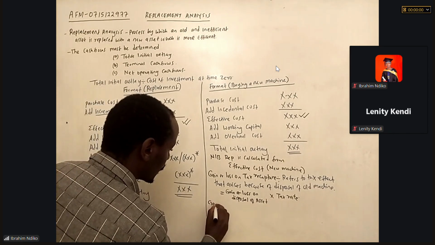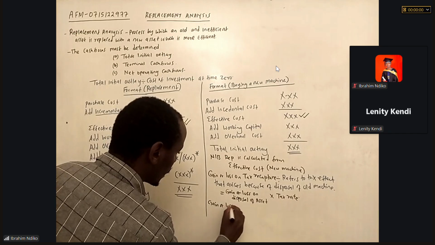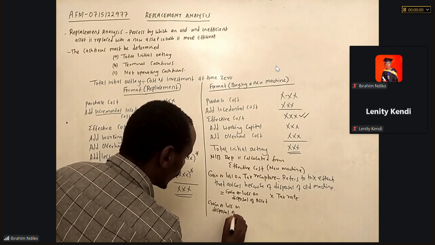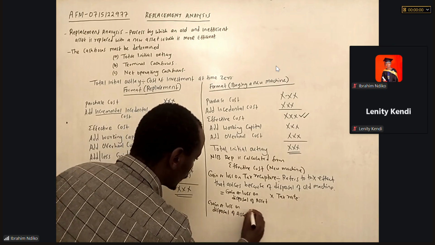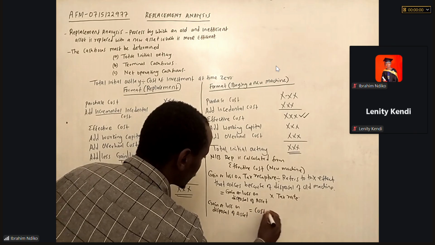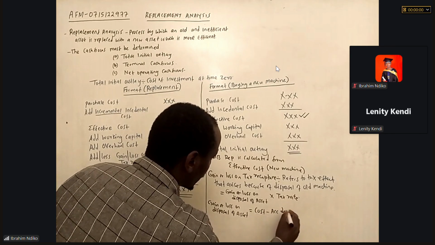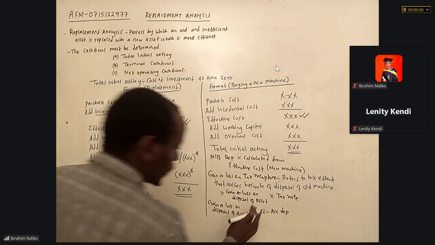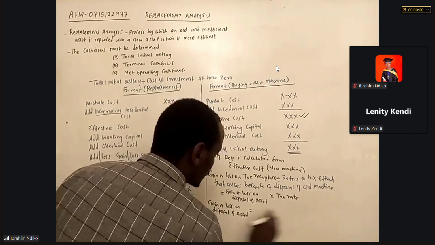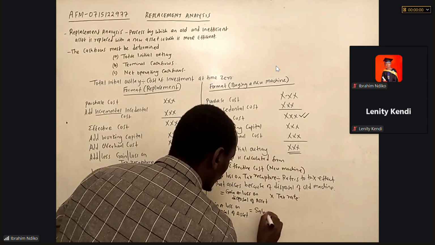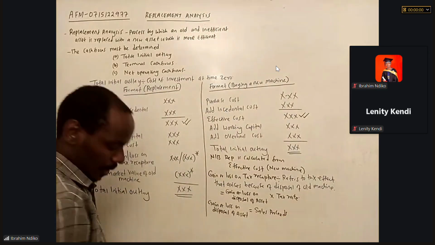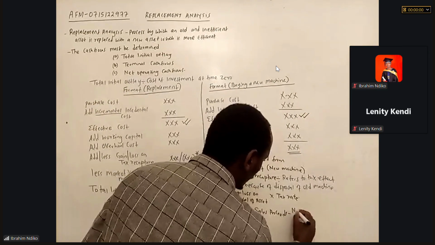Gain or loss on disposal of asset is equal to sales proceeds minus net book value.